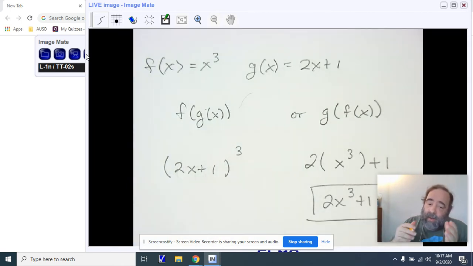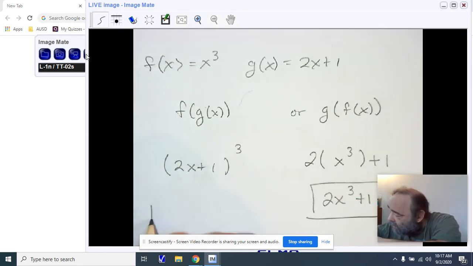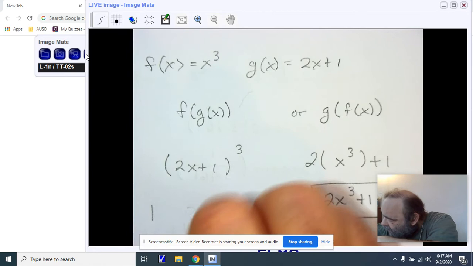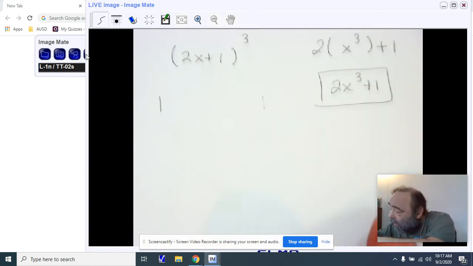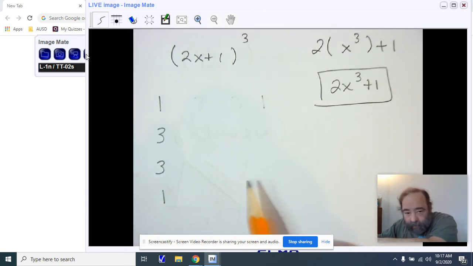Now, foiling, yes, you can do that, but you need to be careful because if you FOIL, you might make a mistake. So you need to double check your work. If you were using Pascal's triangle, we know that our coefficients are 1, 3, 3, 1. Let me write them down the page so that you can see what's happening. There is a pattern. So we have 1, 3, 3, 1.